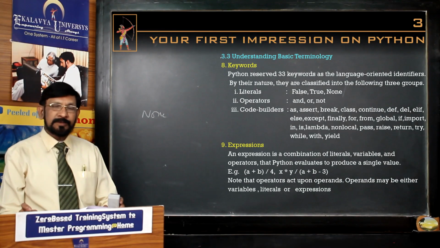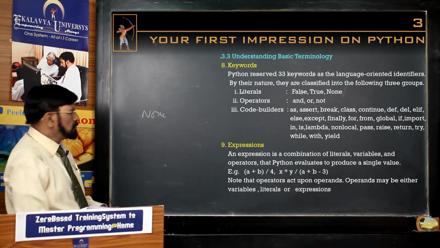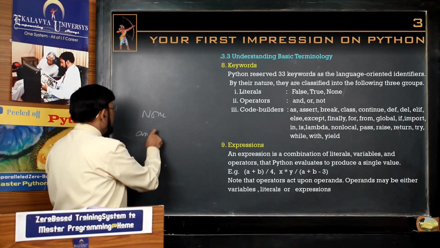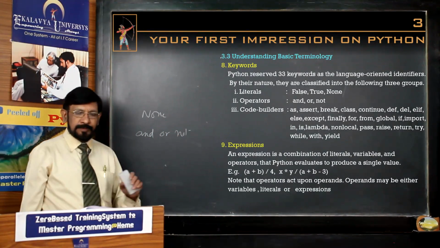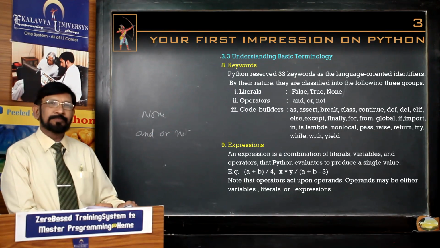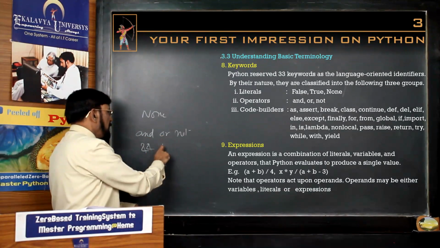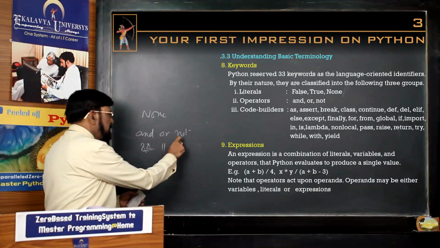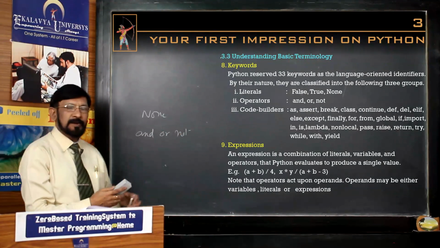Some operators, don't limit it to symbols, and Python uses and, or, not. These are operators, and these should be used like this only. In other languages, for and this is used, for or this is used, for not this is used, but Python uses literal terms.